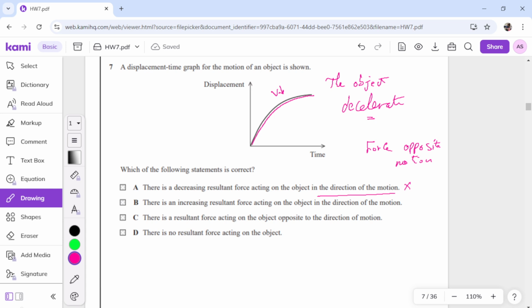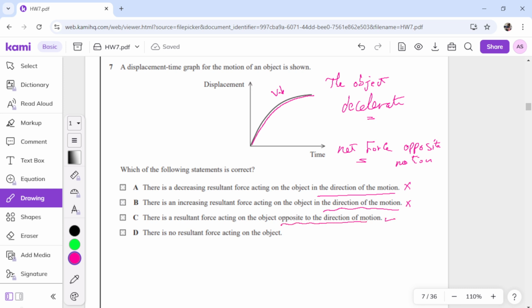So to decelerate, the net force or the resultant force must be in the opposite direction of motion. So A is incorrect. There is an increasing resultant force acting on the object in the direction of motion. Also, this is incorrect.